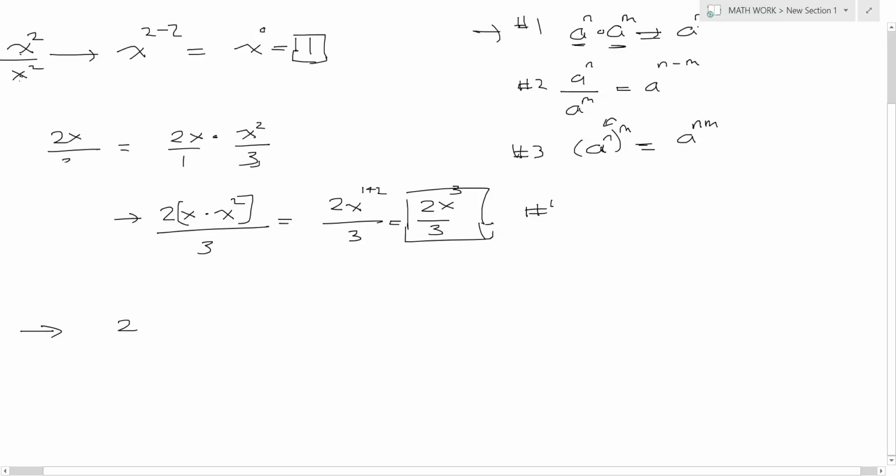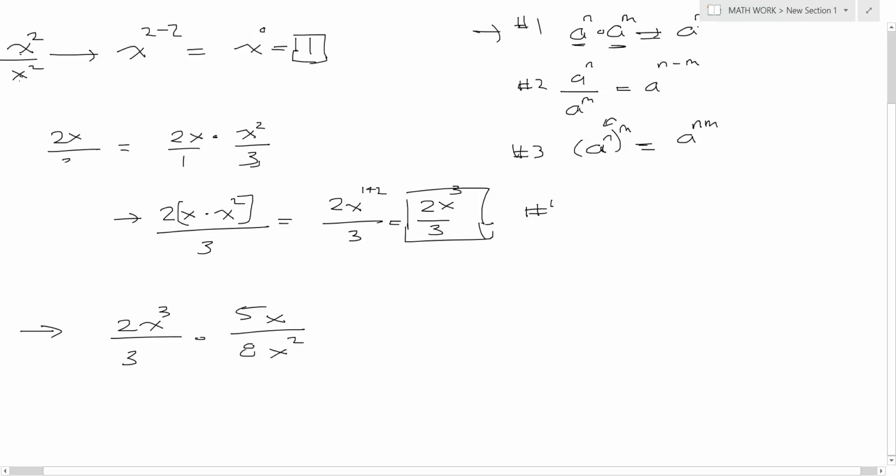Say we were to divide 2x cubed over 3, times 5x to the fourth, divided by 8x squared, right?